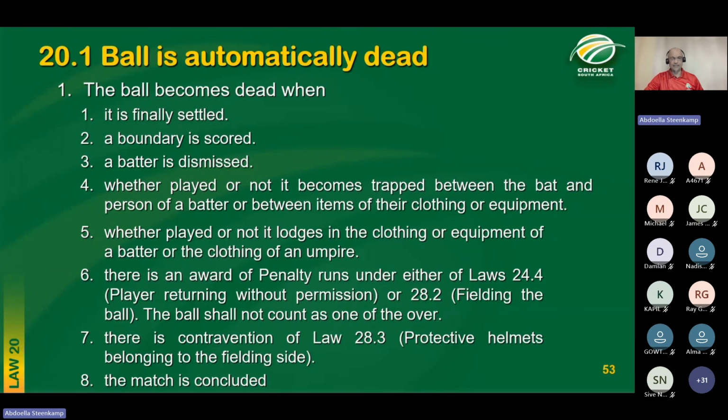Ball automatically dead as soon as the ball touches the protective helmet put by the fielding side behind the keeper. And lastly, ball automatically dead as soon as the game is over.